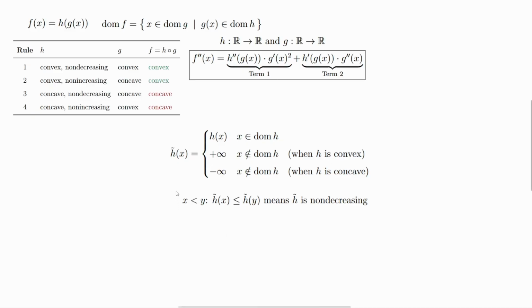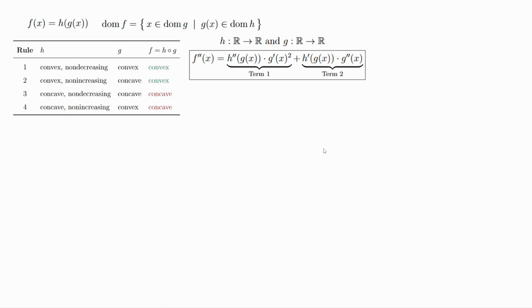So this is a contradiction, because we assume that h is non-decreasing. What that means is that the domain of h must extend all the way to the left side, to negative infinity, when h is convex. So in other words, when you check a composition rule, you're not just checking that h is monotone on its domain, or the second derivative, or sorry, the Hessian. You're checking that the domain itself has the right shape.